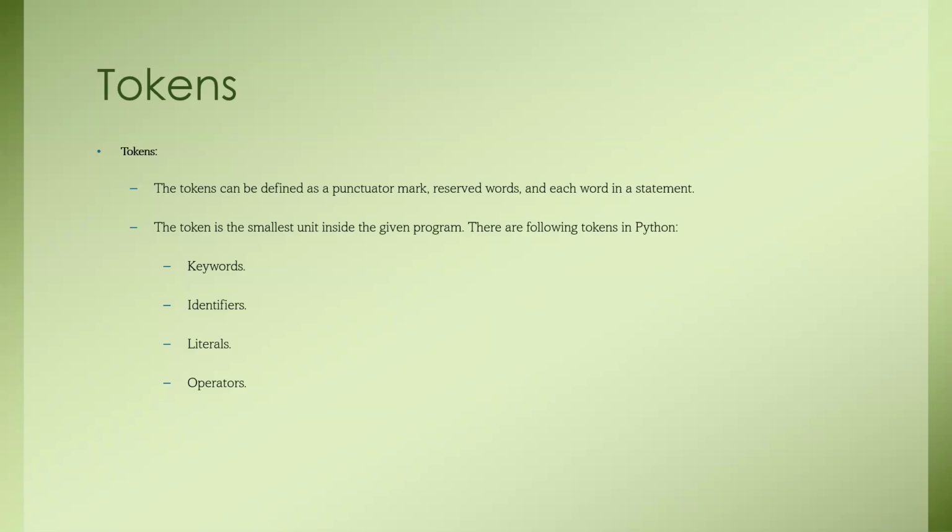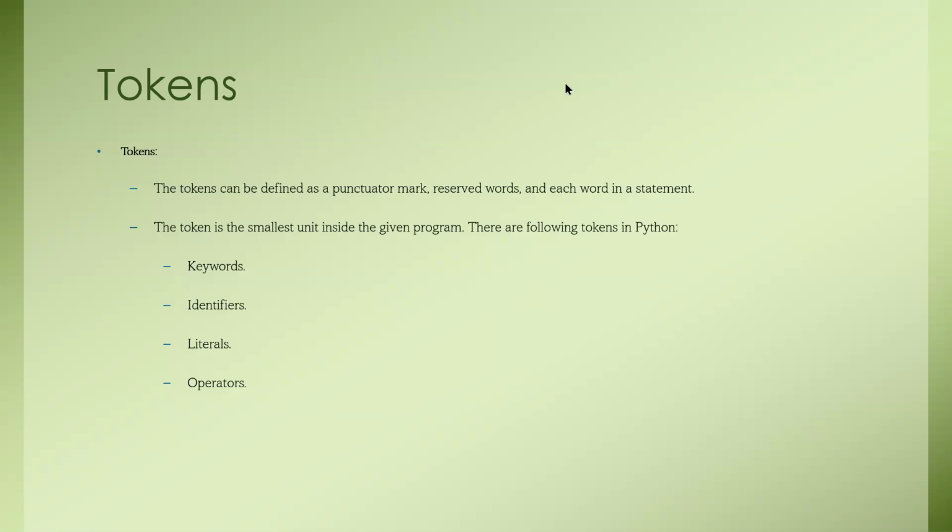A token is the smallest unit inside the given program. It can be a keyword, identifier, literal, or operator. So what are the keywords used in Python? Any function or variable you use should not clash with Python's predefined keywords.